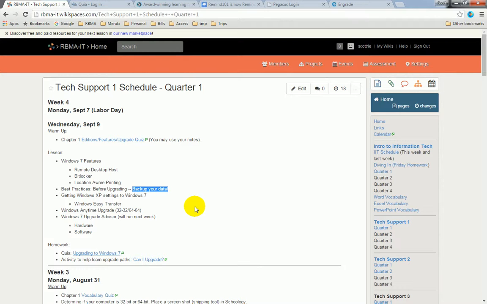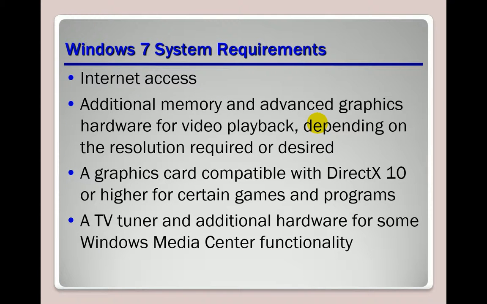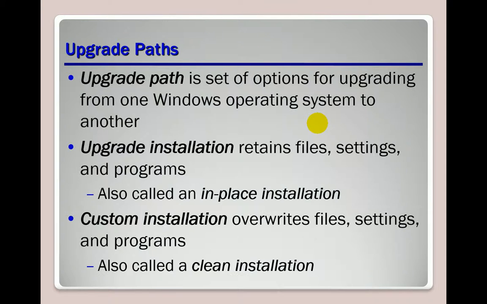So always make sure that you back up your computer, whether you're doing an upgrade install or a custom install. Now, as we have looked at in our graphic organizer before, we have found that pretty much whenever you do an upgrade from one Windows edition to another, the upgrade path basically allows you to go from one edition of Windows to another.